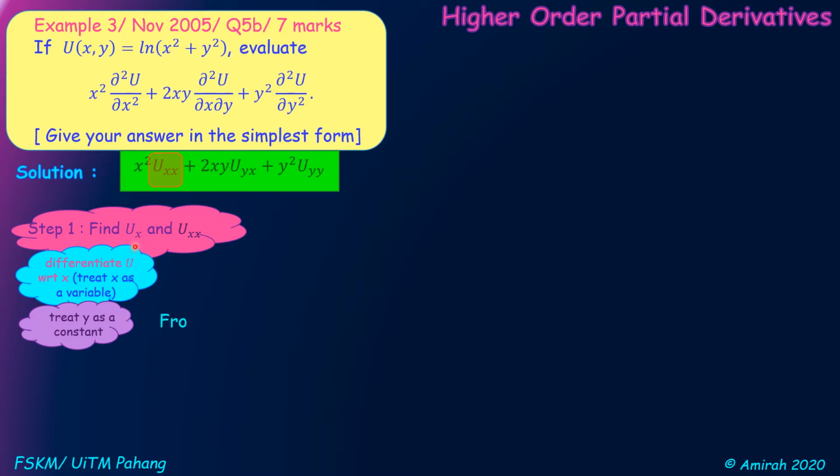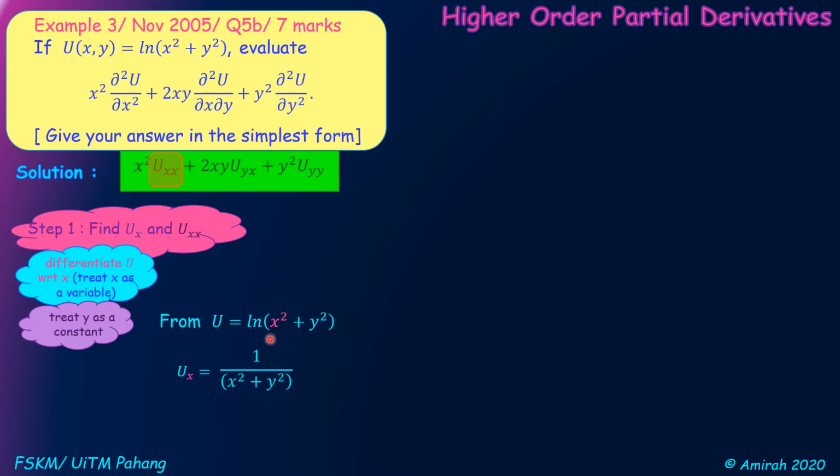To find u_x, we need to differentiate u. Okay, u equals ln(x squared plus y squared). Since we treat x as a variable, we can use x in different colors to avoid error and make it easy to differentiate. So now we differentiate u with respect to x, and the symbol is u_x.